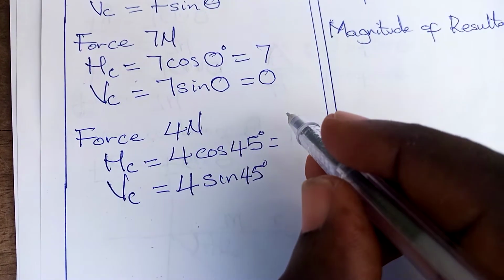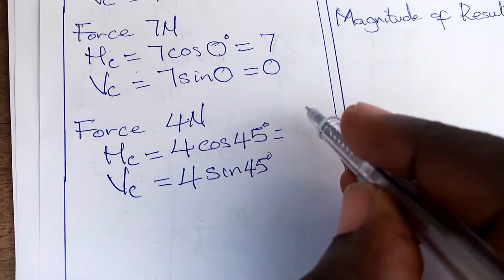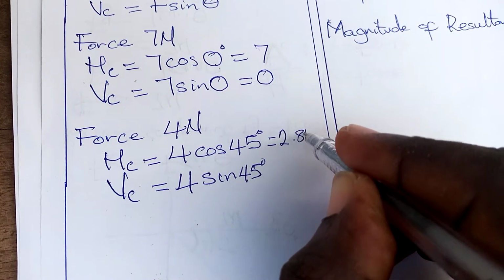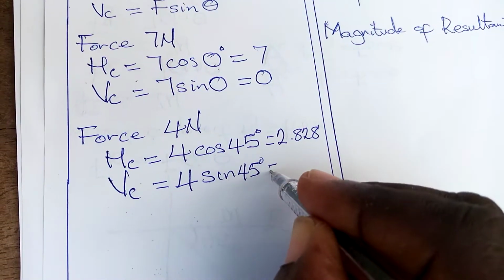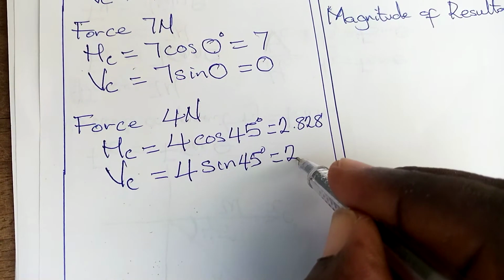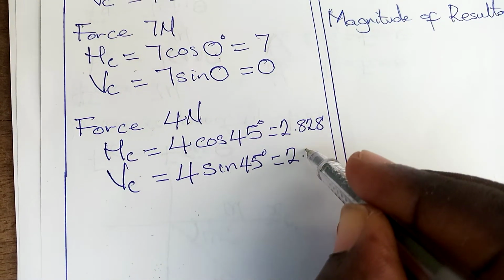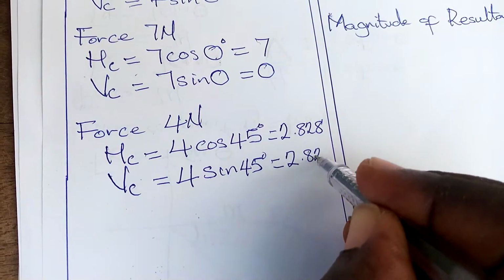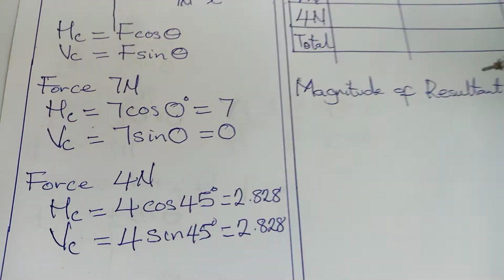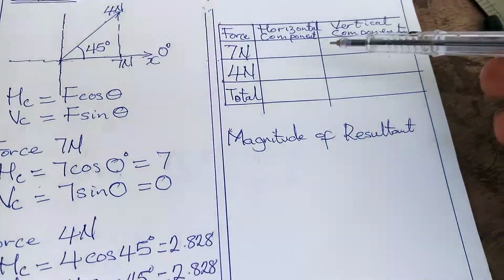This will give us, for 4 cos 45 degree, 2.828. And this will give us the same value, 2.828.